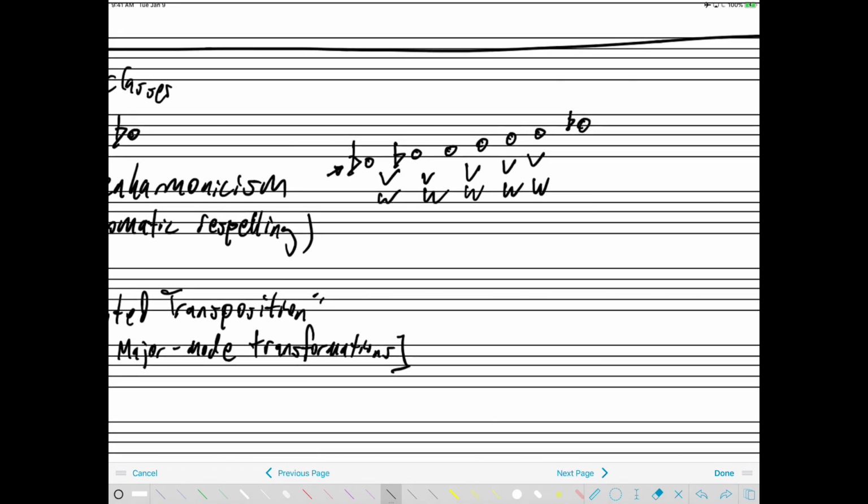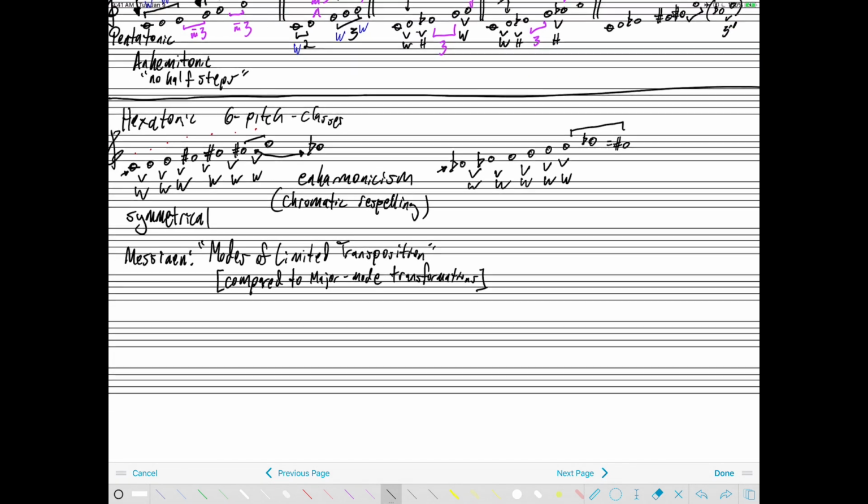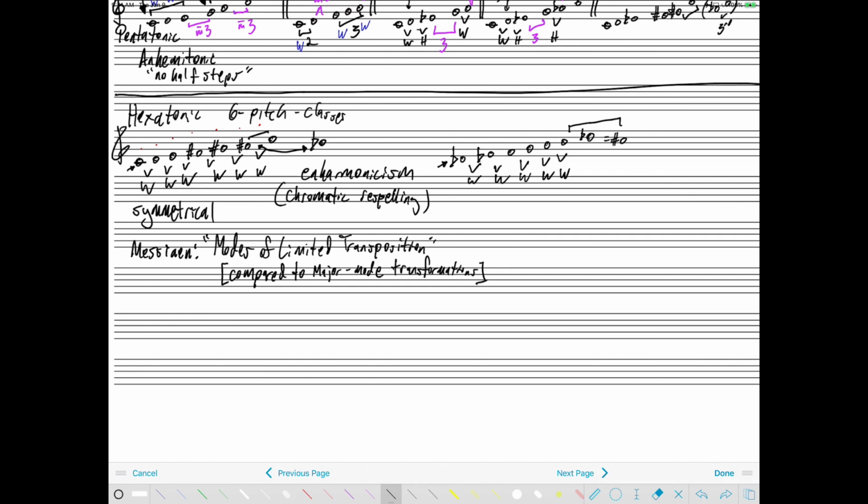And here this upper D flat basically equals a C sharp. So we have B up to C sharp. So in the context of an equal temperament keyboard with 12 chromatic pitches, we can only have two possible whole tone scales.